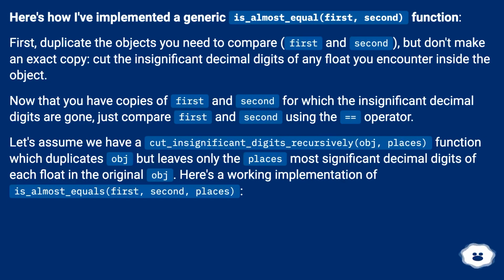Let's assume we have a cut_insignificant_digits_recursively(obj, places) function which duplicates obj but leaves only the places most significant decimal digits of each float in the original obj. Here's a working implementation of is_almost_equal(first, second, places).